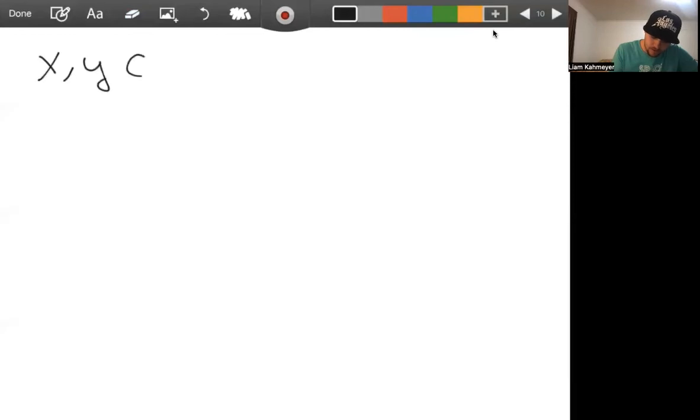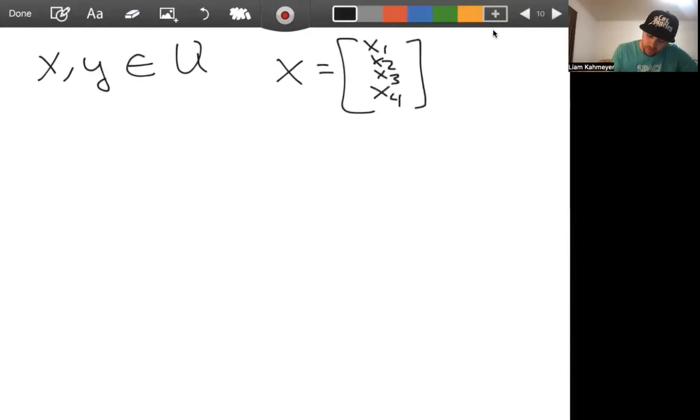Let's consider x and y elements of U, and let's give them some names. So x is x1, x2, x3, x4, and similarly, y is y1, y2, y3, y4.